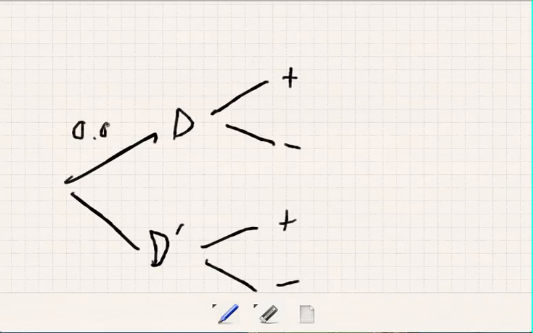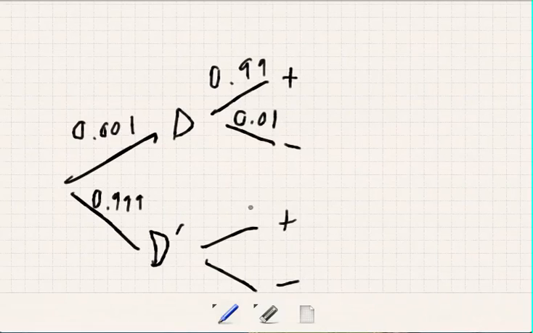So again, 0.001 is the probability you have the disease, 0.99 is the probability that you test positive if you have it, and 0.01 is the probability you test negative if you have it. 0.999 is the probability that you don't have the disease, 0.05 is the probability you test positive, and 0.95 is the probability that you test negative.